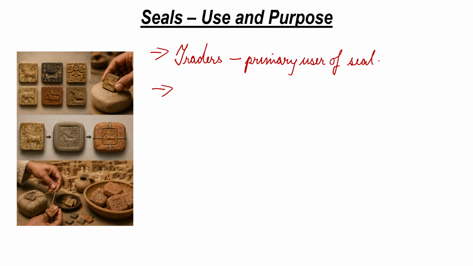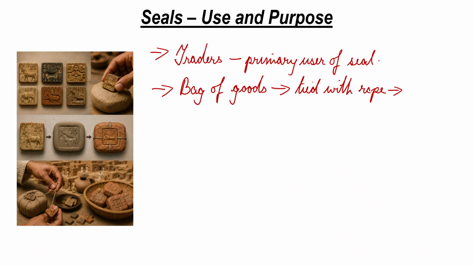So when we have a bag of goods, it may have been tied with a rope. Then the knot was covered with wet clay.